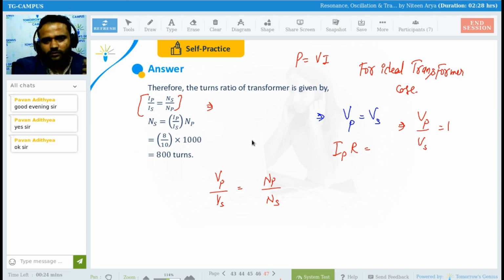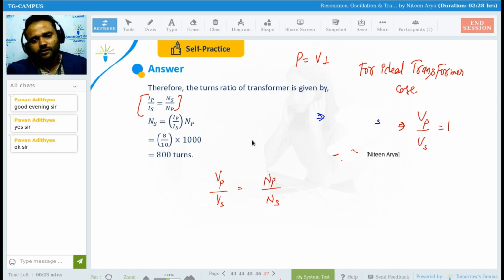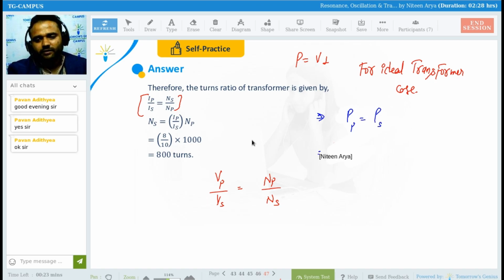Voltage is not equal, power is equal. For the ideal case, power on primary equals power on secondary.